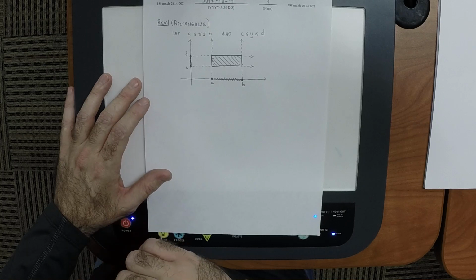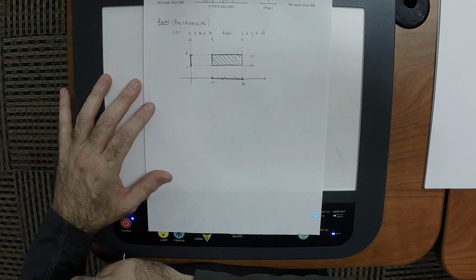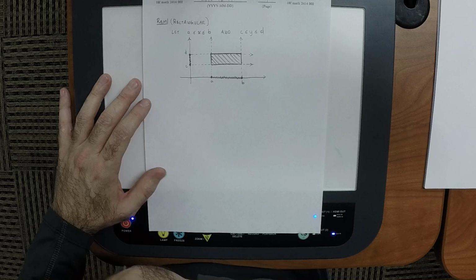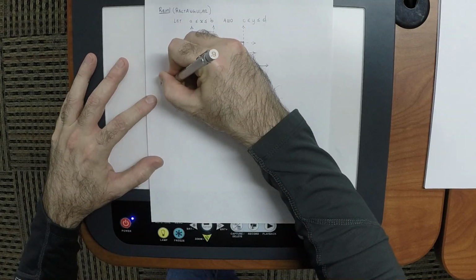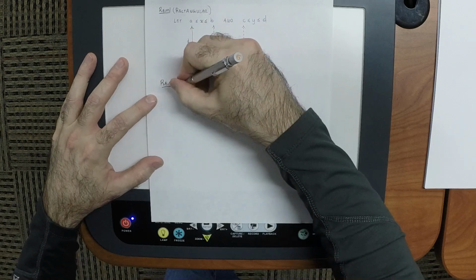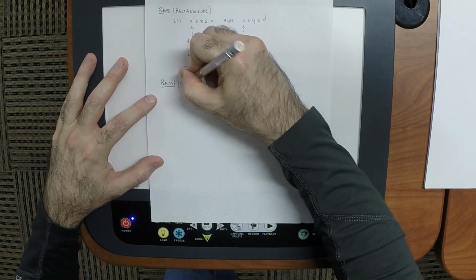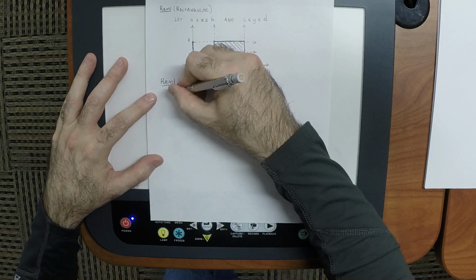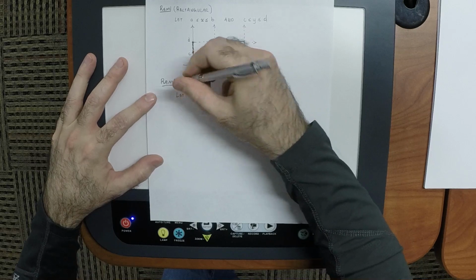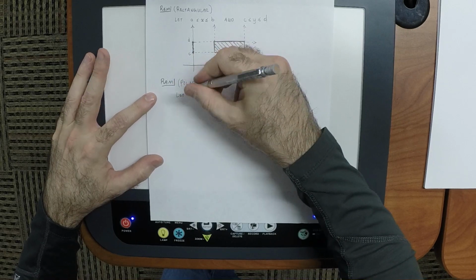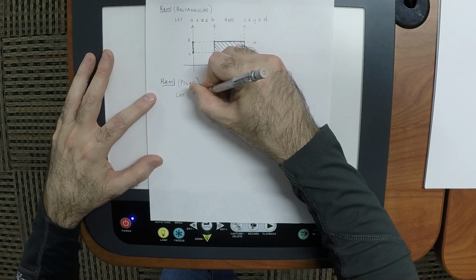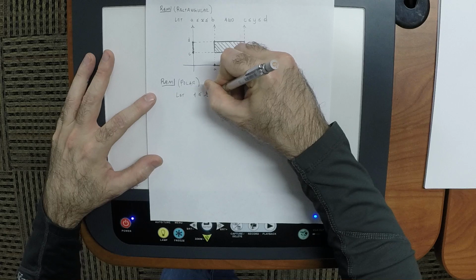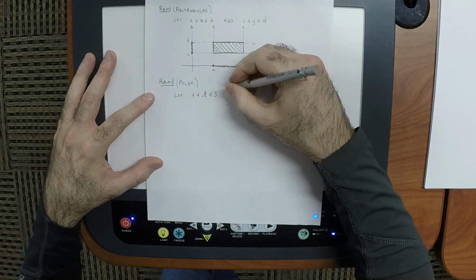So in a polar coordinate system, it's a bit different, really. So in polar, if we say, let's say, I don't know, 1 less or equal to r less or equal to 3.